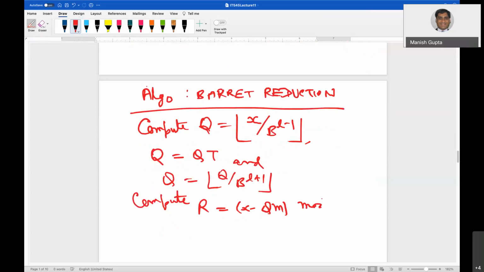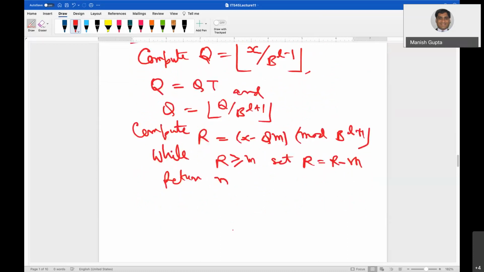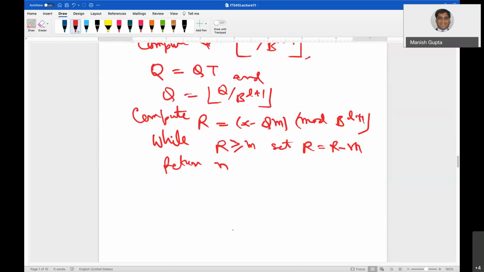I will explain this in a minute. So while r is greater than or equal to m, set r is equal to r minus m, and finally return r. So this actually will give you the remainder.